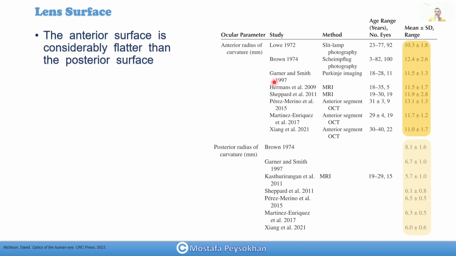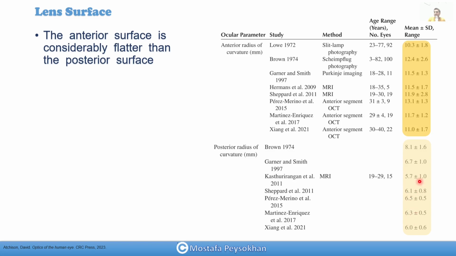But when we look at the posterior radius of curvature, that I explained is the second surface of the lens, we have another set of data. For example, this one, they studied both the anterior surface and the posterior surface. You can see, even with the same method, for this one it is 12.4, for the posterior surface 8.1.